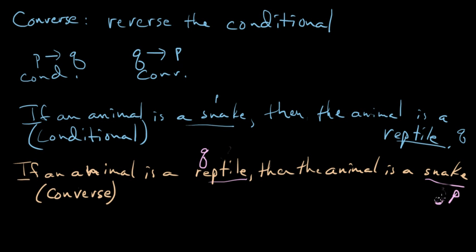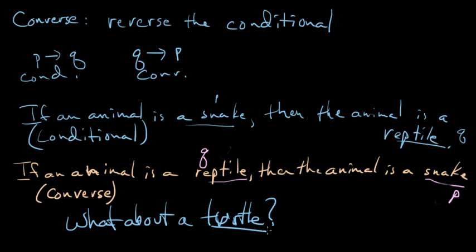Now at this point, some of you are probably squawking and saying, wait a minute, what about a turtle? Okay, a turtle is a reptile and it's not a snake. What you have done just now, you've given me a counterexample. A counterexample is something that disproves a conditional or a converse.